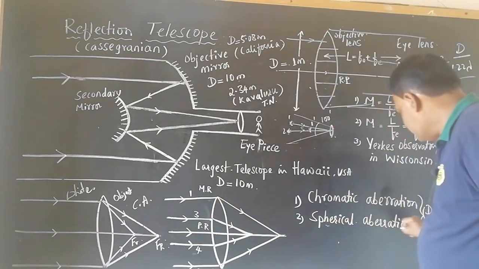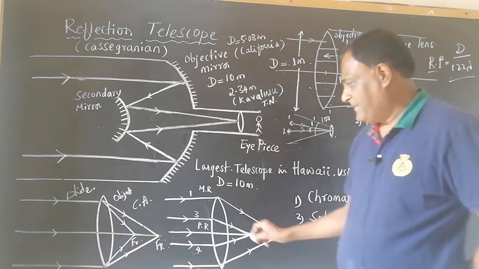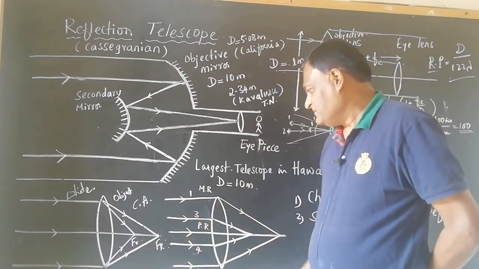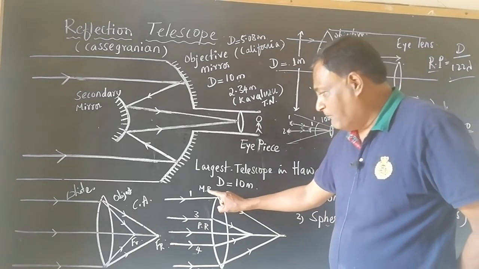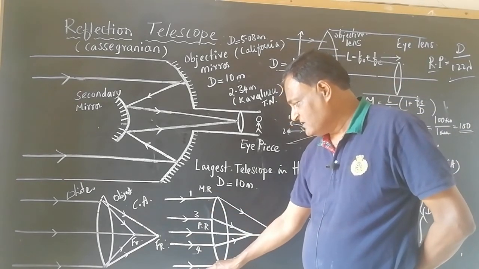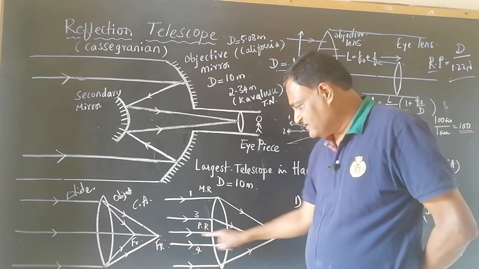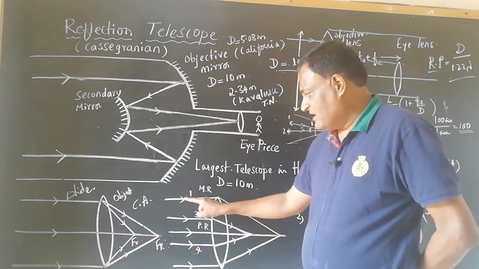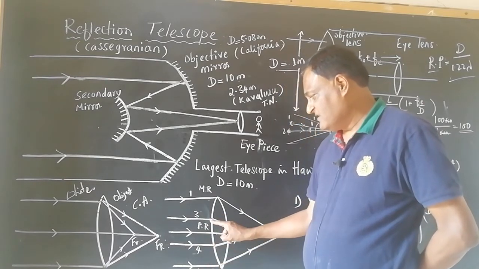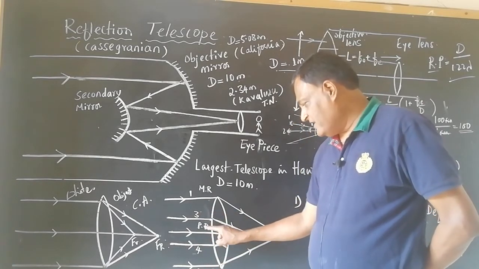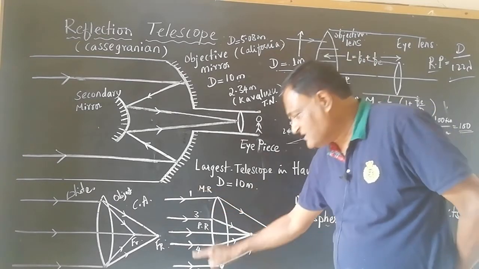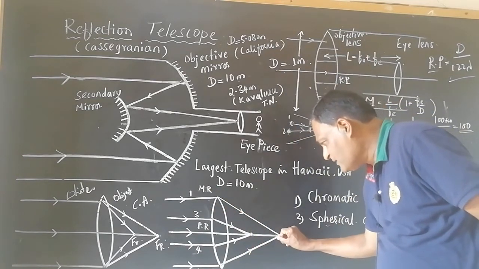Spherical aberration is another defect. These are the parallel beam of white light. Marginal rays 1 and 2 are the rays away from the principal axis, and 3 and 4 are the paraxial rays. Paraxial rays converge at one point, whereas marginal rays converge at another point.